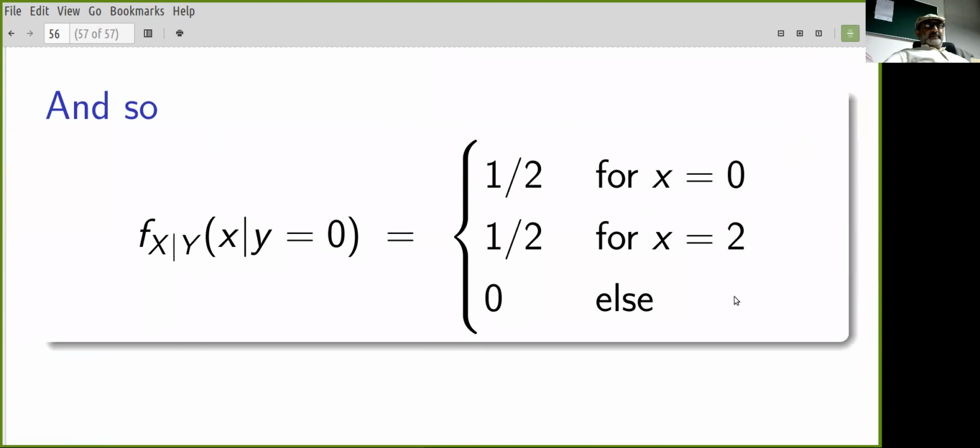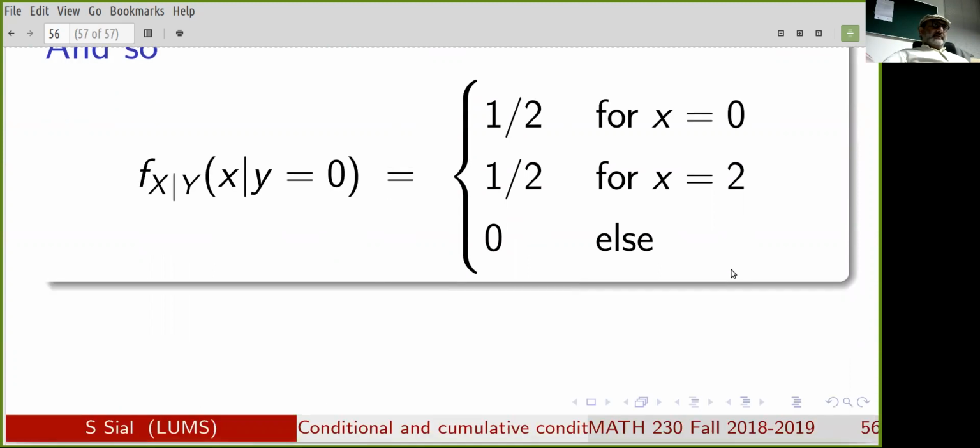And then that's summed up in this definition. The conditional for x given y at x when y is equal to 0 is 1/2 for x equals 0 and 1/2 for x equal to 2, and it's 0 otherwise.